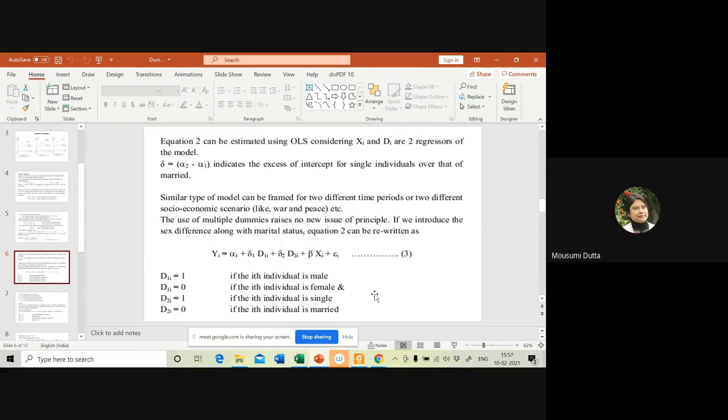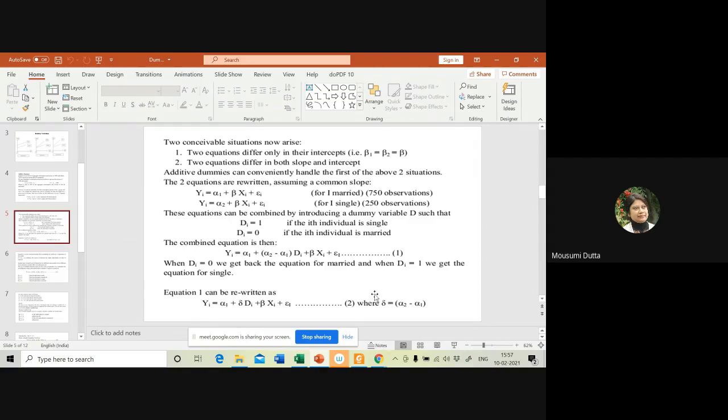Delta, or alpha 2 minus alpha 1, indicates the excess of intercept for single individuals over that of married. Alpha 1 is the intercept for the married. Alpha 2 is the intercept for unmarried. So it is showing us the excess of intercept.